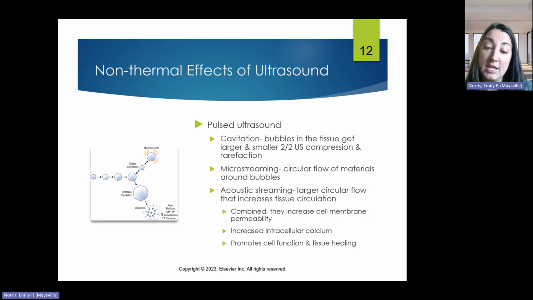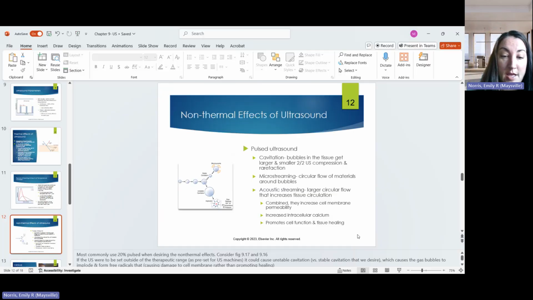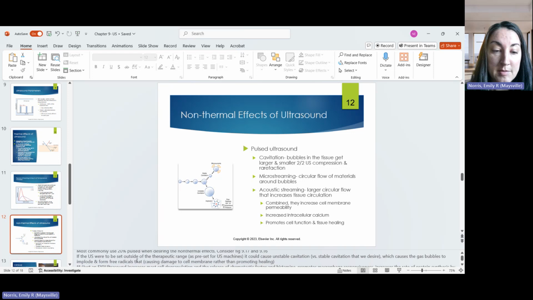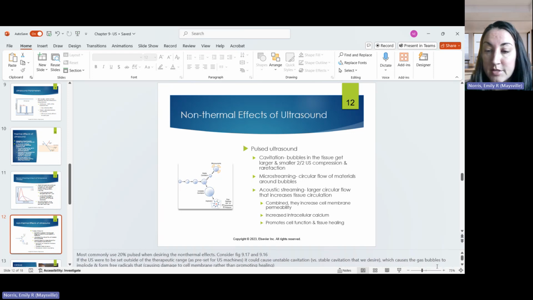They increase the intracellular calcium that's available, and then they promote cell function and tissue healing. Typically, the most commonly used parameters for a pulsed ultrasound is 20% at 0.5 watts per centimeter squared for those non-thermal effects.